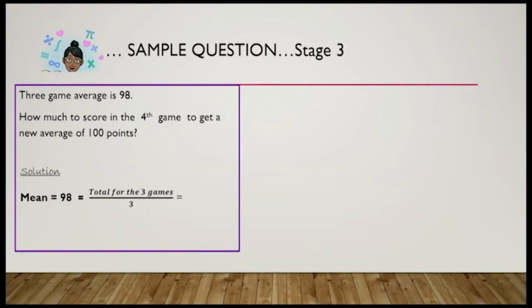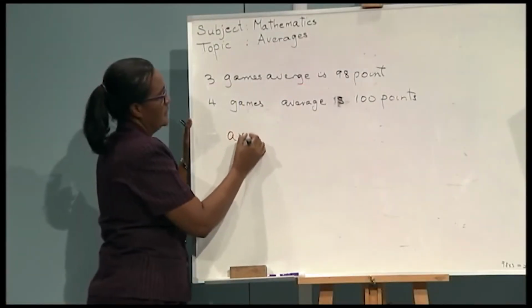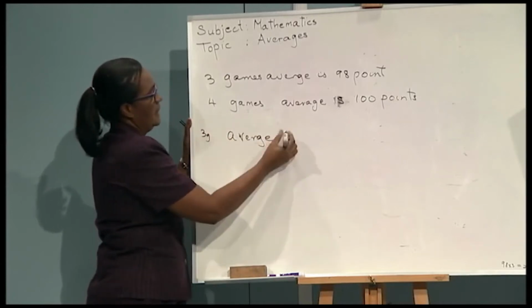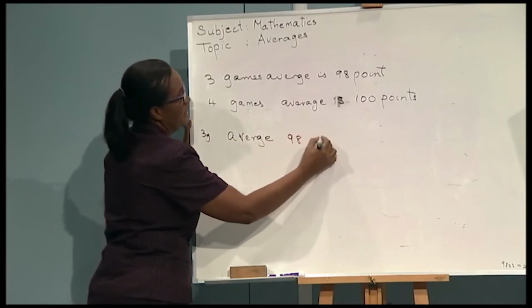Okay? We know that, so if we are on the board, we know that for the 3-game, the average is 98 points.